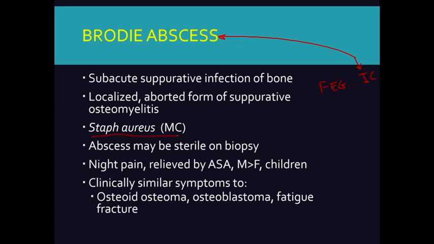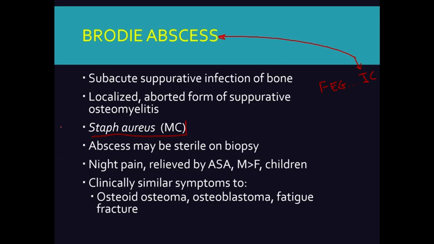Staph aureus. Hey, look, another easy, most common, right? So what happens here is the infection occurs, and then the body starts to wall it off, and eventually it is just removed from the rest of the tissues. It creates this geographic osteolytic change with some amount of sclerosis around it.